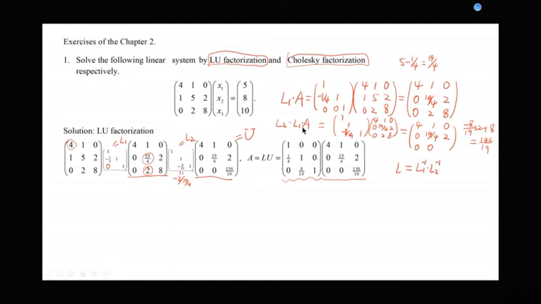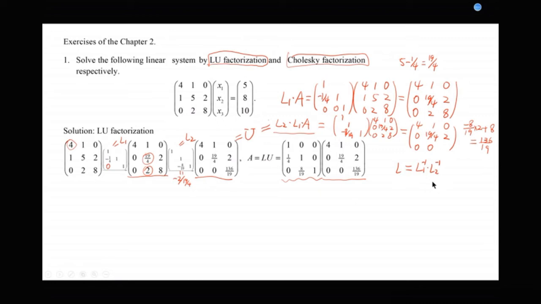Remember, we obtain U equal to L2 multiply L1 multiply A. So you move L2 and L1 to the side of U by multiplying L2 inverse and L1 inverse, and you will obtain L.